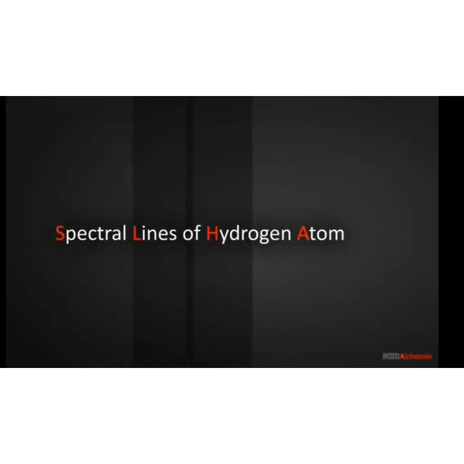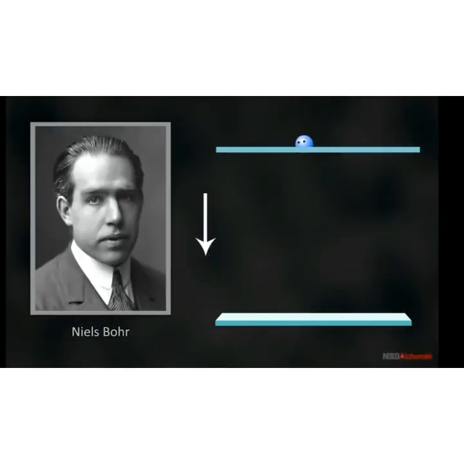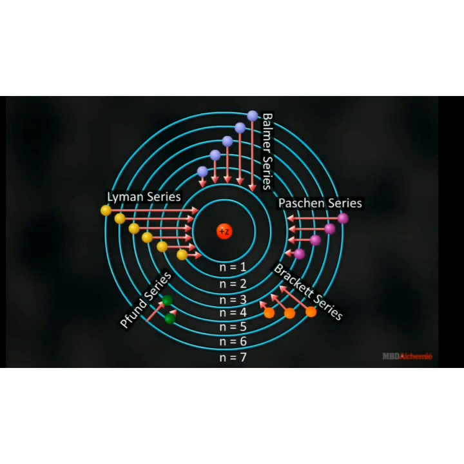Spectral lines of hydrogen atom. According to Bohr's third postulate, when an atom makes a transition from a higher energy state to a lower energy state, the energy is radiated in the form of a photon having a certain frequency. The spectral lines arising from the transition of electrons of an atom from higher energy states to a definite energy state form a spectral series.